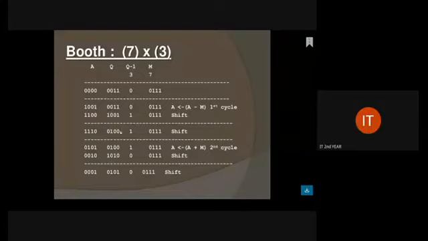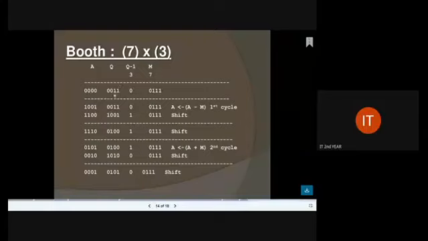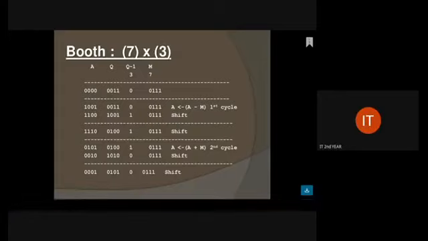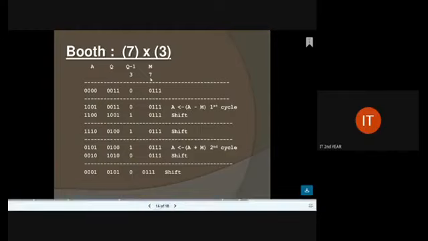So here we are having 7 and 3. 7 is the multiplicand and 3 is the multiplier. Just listen carefully. So the multiplicand will be represented as M and the multiplier will be represented as Q.